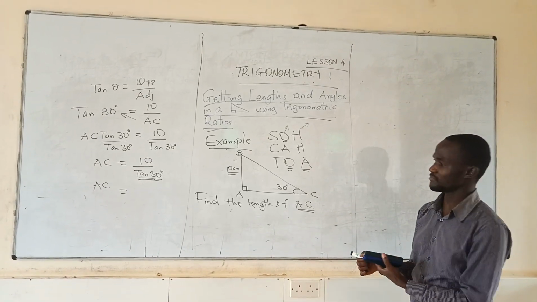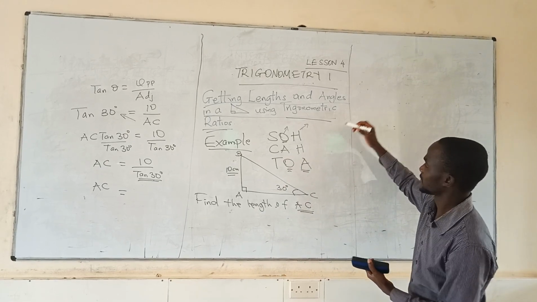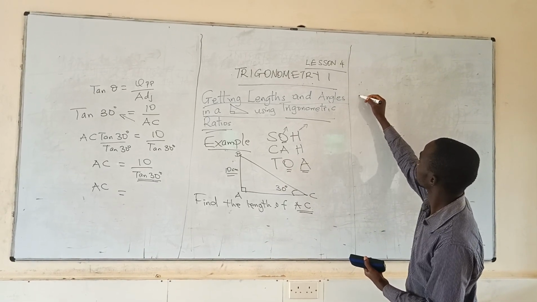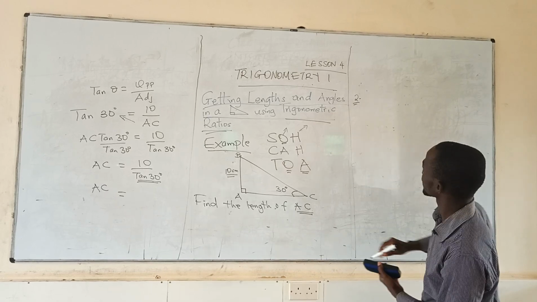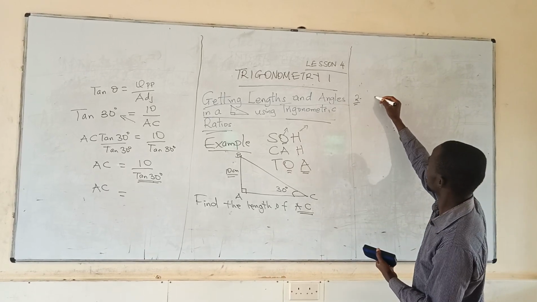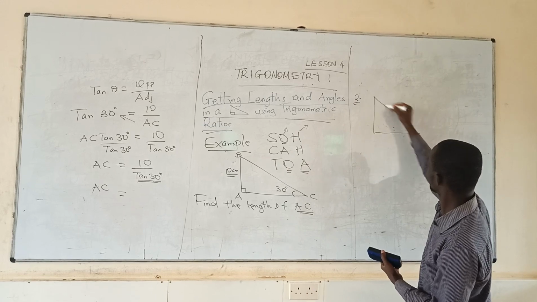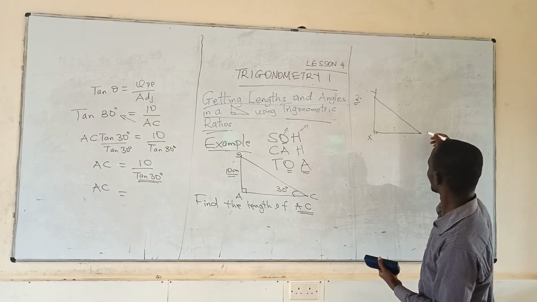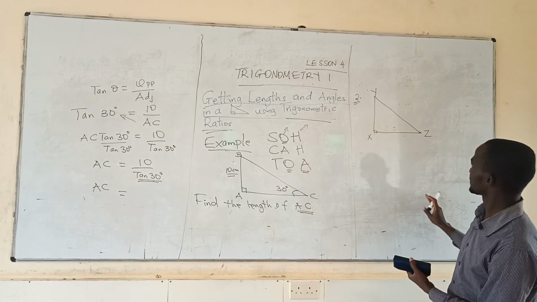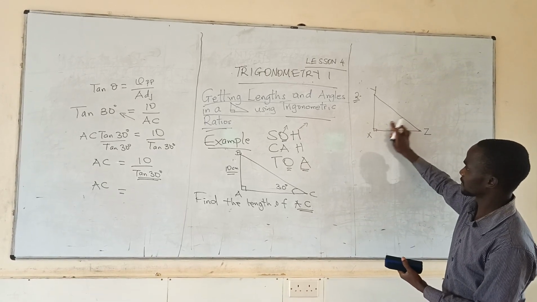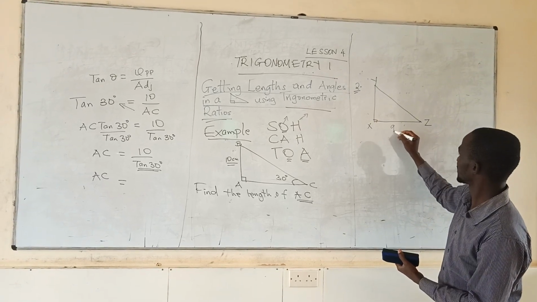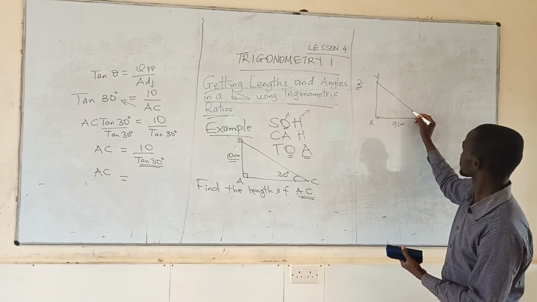If we can have maybe another example, example 2. So we have a triangle drawn here, X, Y, Z. Then let's say you have 9 centimeters here.